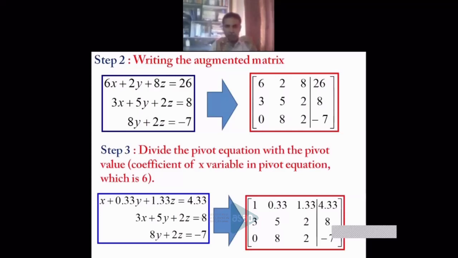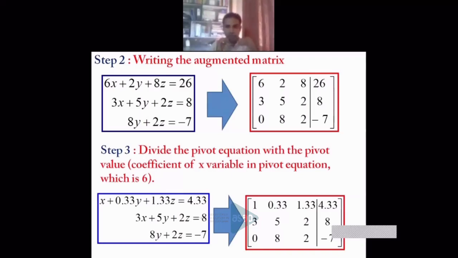The last column holds the right-hand side terms of all the equations, the rightmost column of the matrix. So this is the augmented form of the matrix.